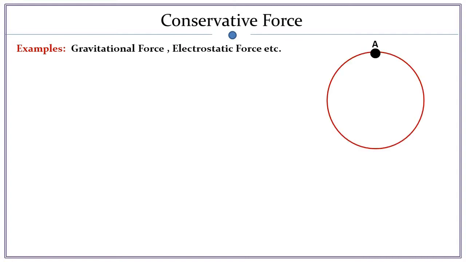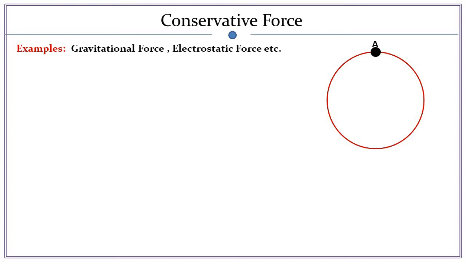Now consider a scenario. An object is under the action of a conservative force and it will travel along some path, but at the end it will come back to its original position like this. This object started from point A and after moving through a closed loop, it came back to point A. It is not mandatory to be a circular path, it can be any closed loop.